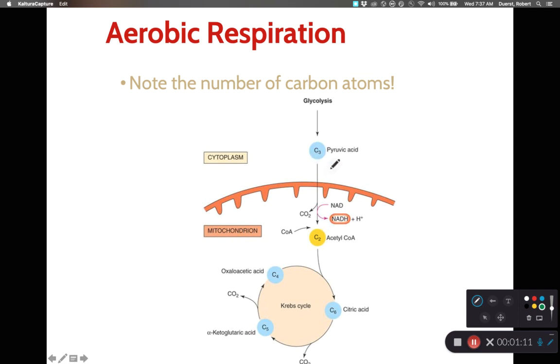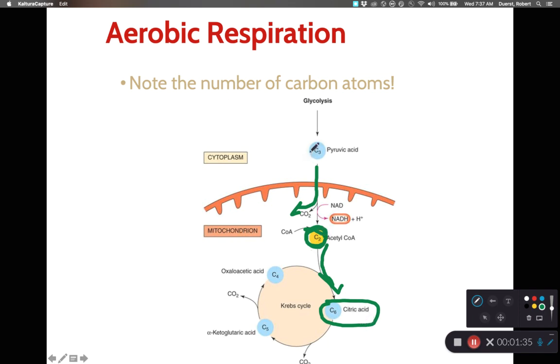And then for each individual pyruvic acid, we are going to strip off 1 carbon dioxide and turn it into an acetyl-CoA that has 2 of those original starting carbons left. And then that acetyl-CoA is going to be entered into the cycle, and the very first molecule of the cycle is citric acid, hence the name, the citric acid cycle.